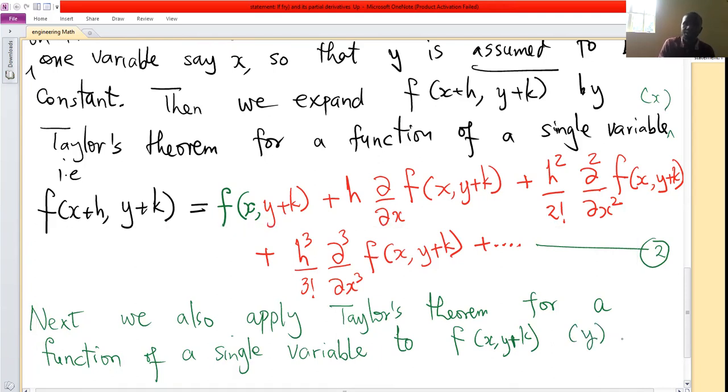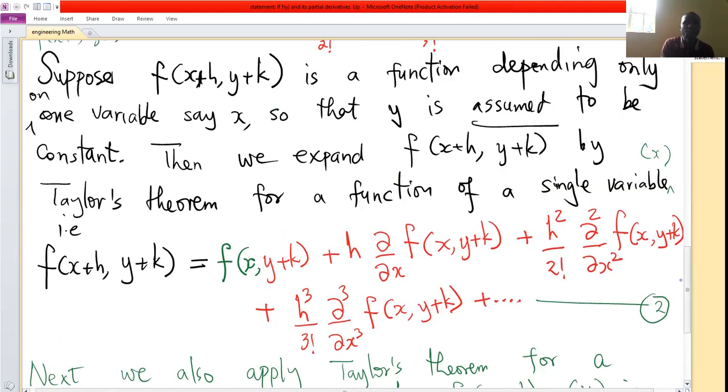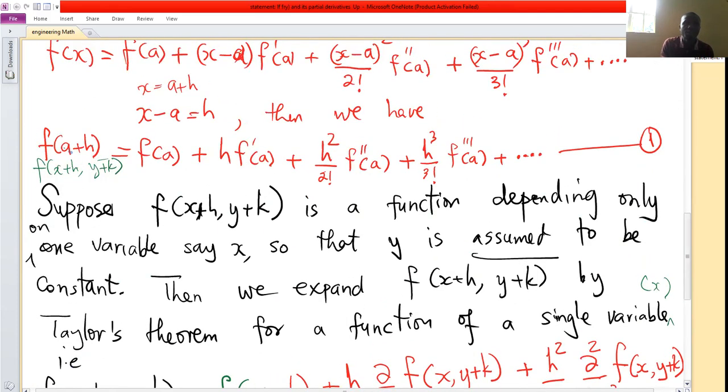That is, f of x comma y plus k will be given by the following. The role of a in equation 1 will be taken by y, and x is not changing. So the role of a will be taken by y, and h will be taken by k.